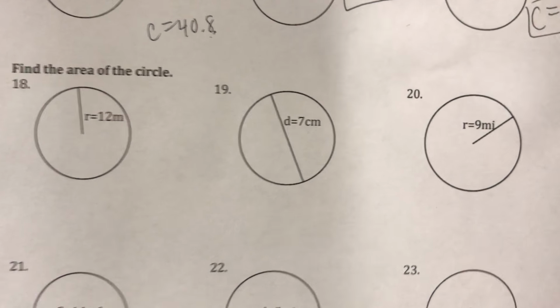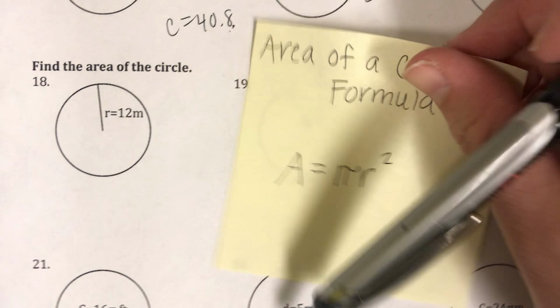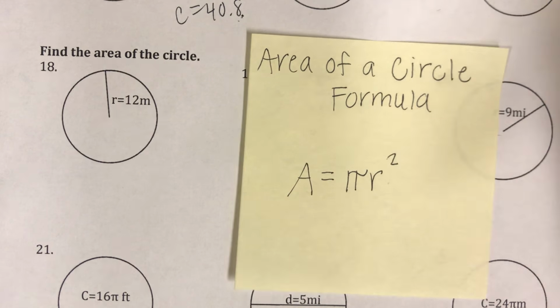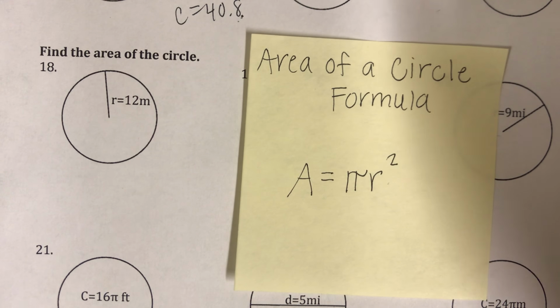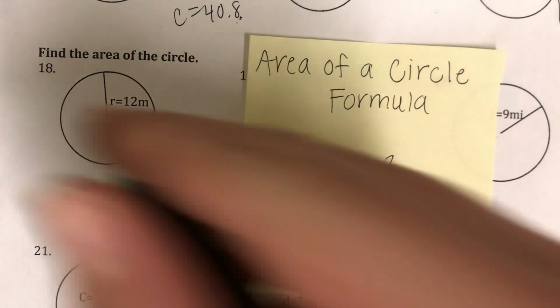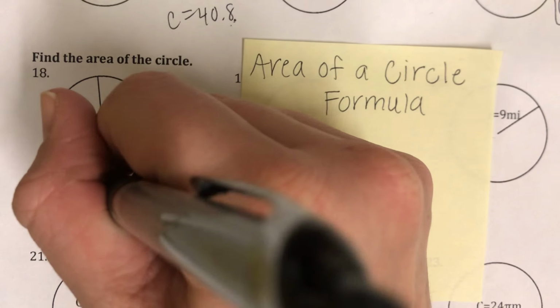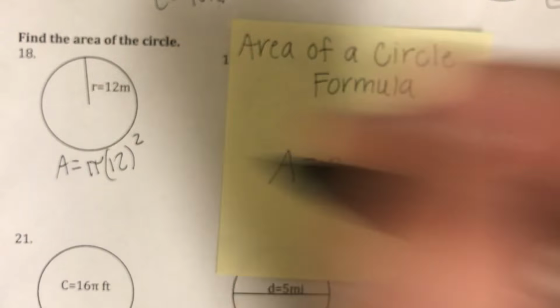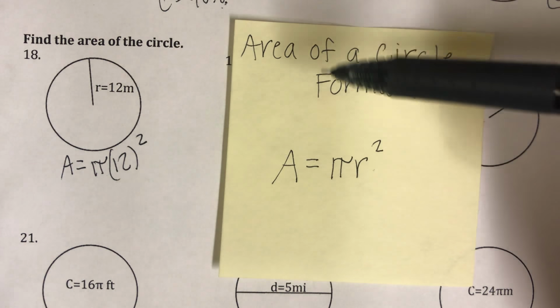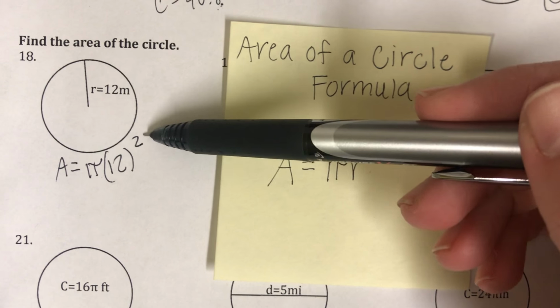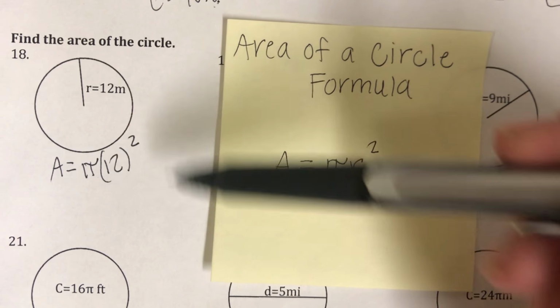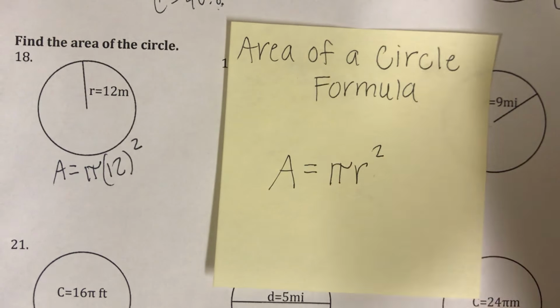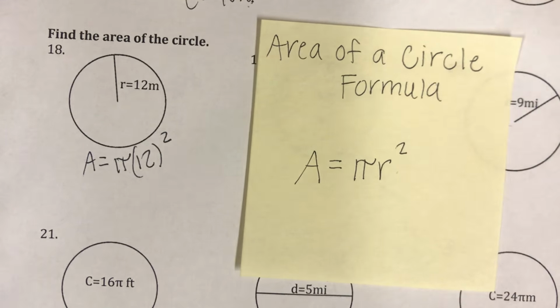So number 18 isn't that bad, because we're given the radius, and the radius is in our circle formula. So area is equal to pi r squared, so I know that my area is going to be equal to pi times 12 squared. Notice that it's just my radius that's squared. I don't put my pi in the parentheses, just the radius gets squared. That's why I wrote the 12 in parentheses squared.